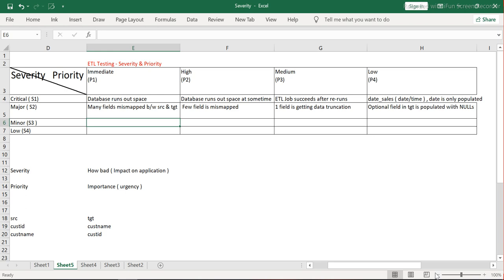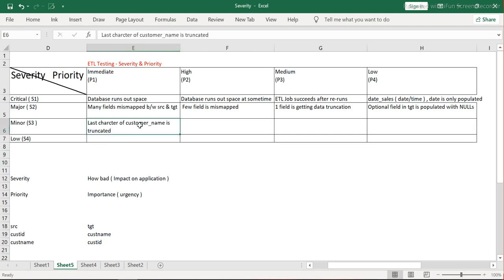So what I can say is, let's say the last character of customer_name is truncated. It's getting truncated, guys. It is minor, because only the last character of the customer name is affected.